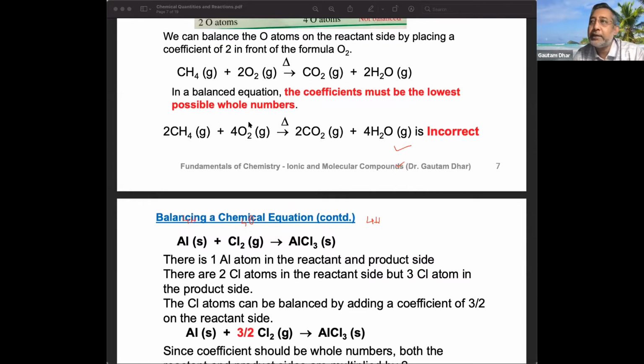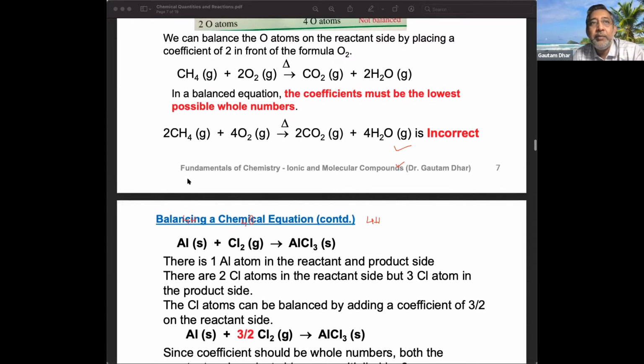Now you can use fractions. Mathematically, they are correct. Like you have Al plus Cl2 to give AlCl3. So Al is balanced. I need 3 chlorine. How can I get 3 chlorine? Each chlorine molecule is diatomic, that means each contains 2 atoms.